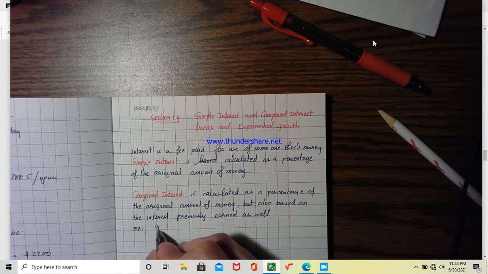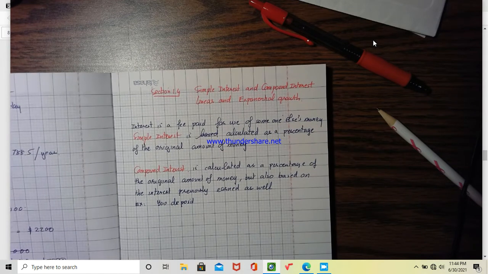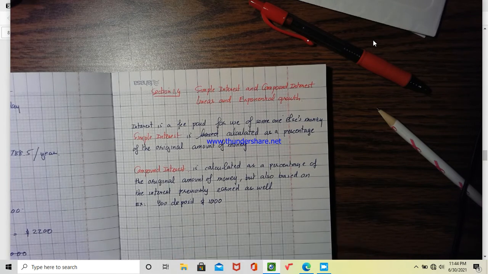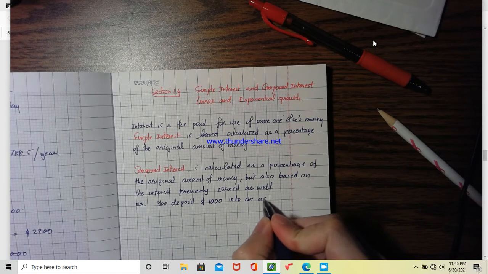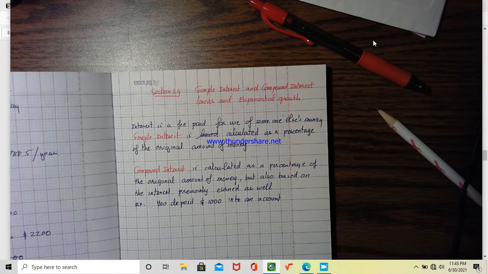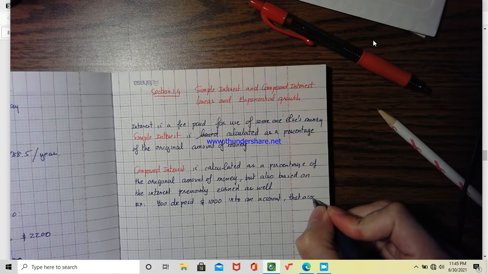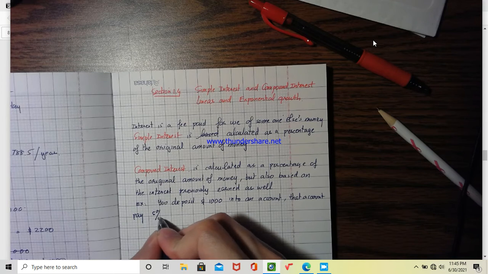For example, you open an account and deposit $1,000 into it, and that account pays 5% simple interest.